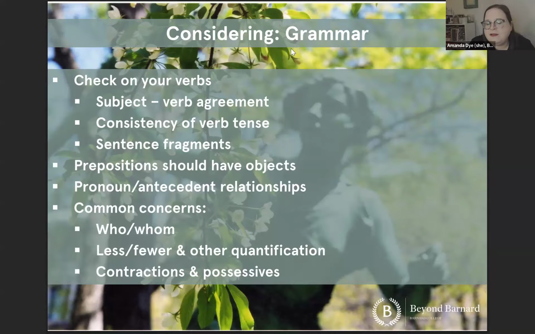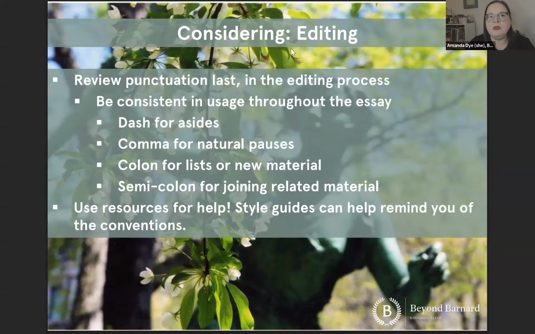Common things that people like to pick on are the distinction between who, which is the subject form, and whom, the object. Quantification: less for mass, things that you can't count, and fewer for individual things that you can count. Contractions and possessives are good to take a second look for.